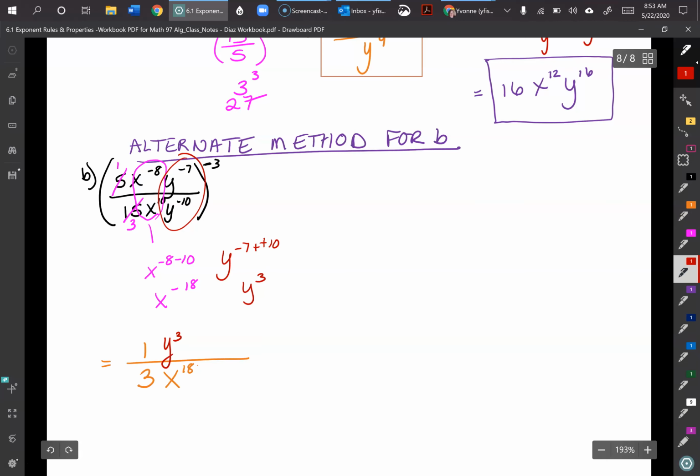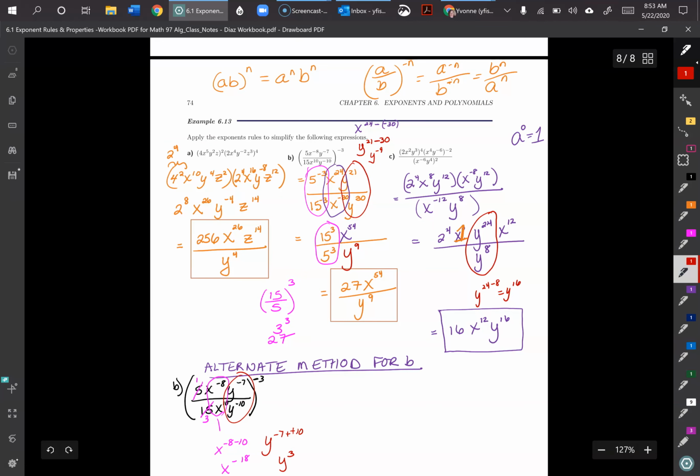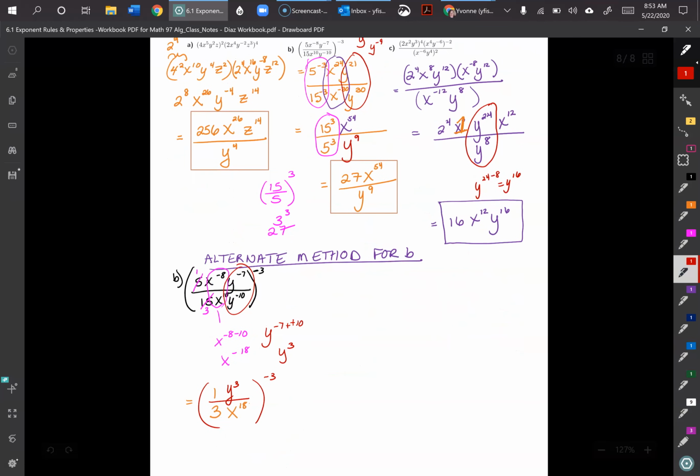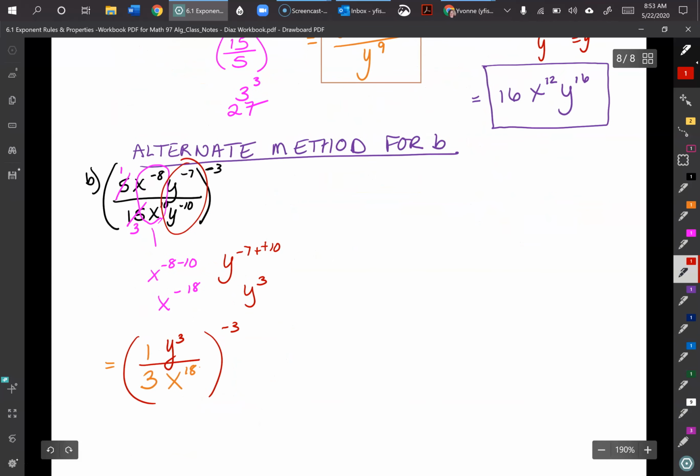But then remember, fix this line, it's all raised to the -3. So I still have to apply the product to power rule and deal with that. There's a couple of different ways I could do that.